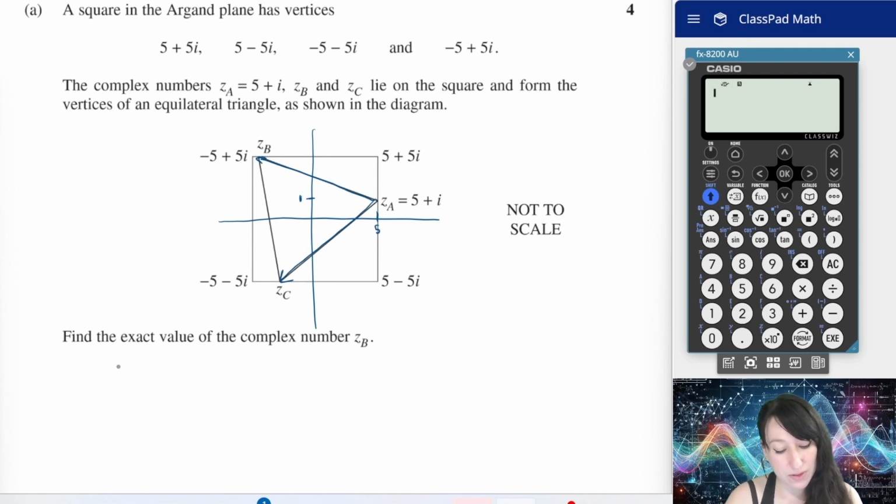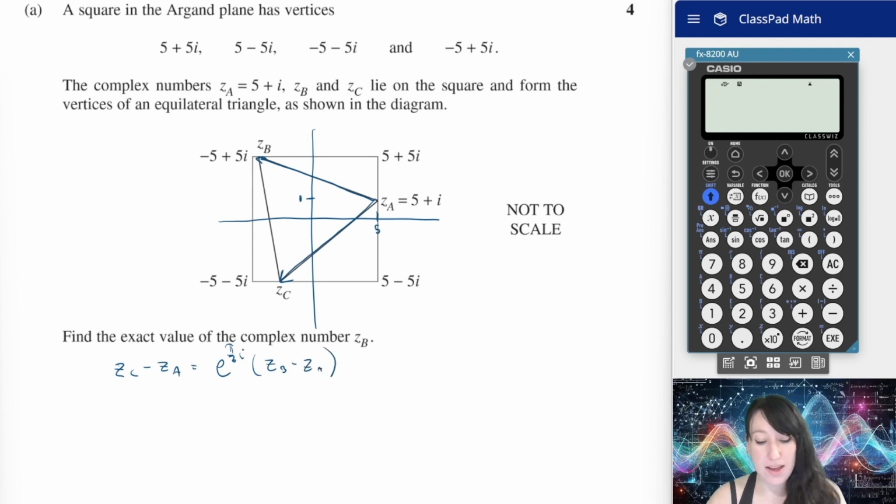So zc minus za is e to the pi over 3 i times zb minus za. And let's note that e to the pi over 3 i is equal to 1/2 plus root 3 over 2 i, which we can get from our exact value triangles.